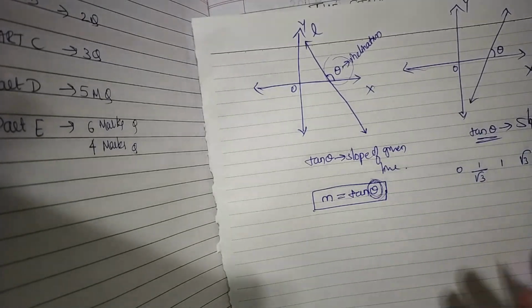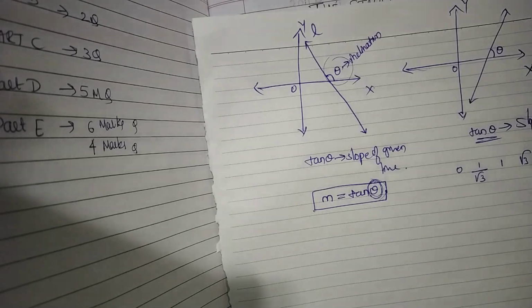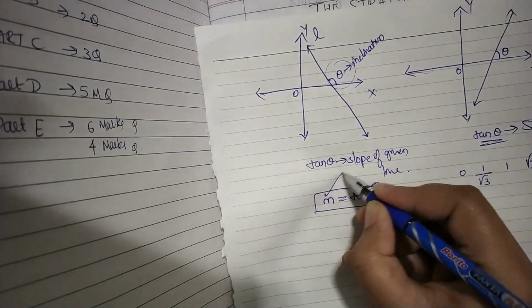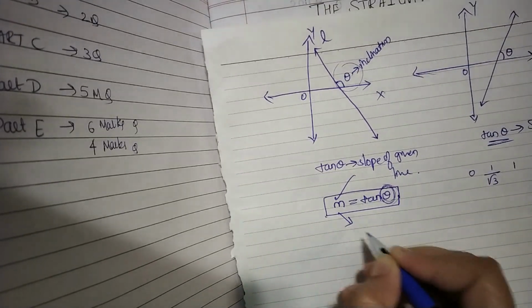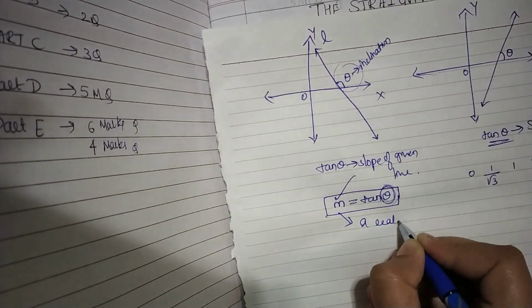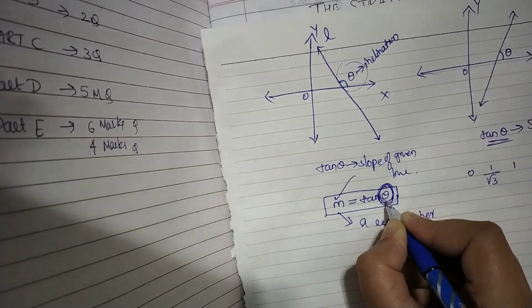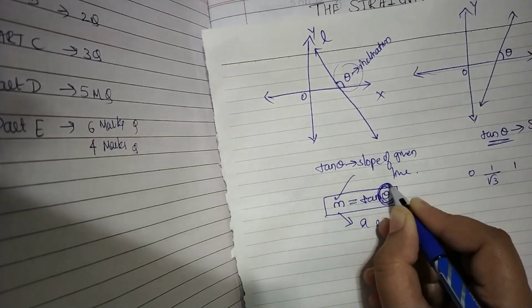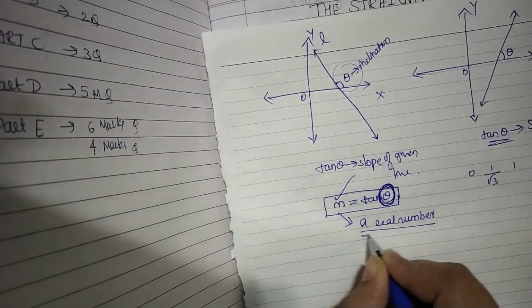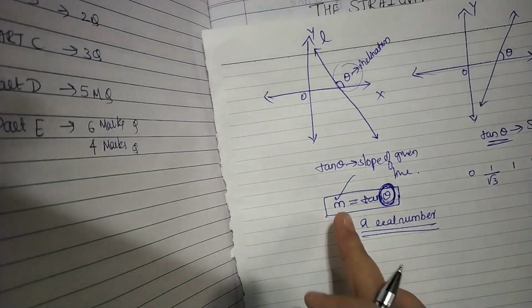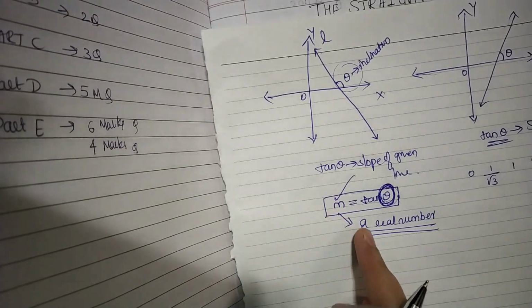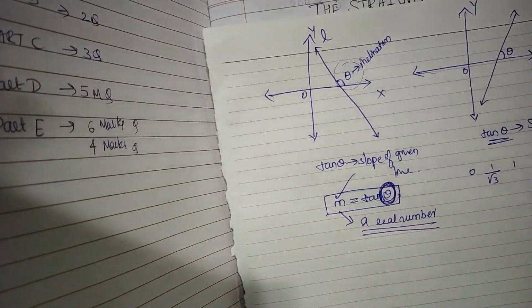So it can be positive, negative, or even a square root. That is, slope is always a real number. Okay, after substitution of this angle, the tan of this angle will always give a real number. Therefore, slope of a line is always a real number.